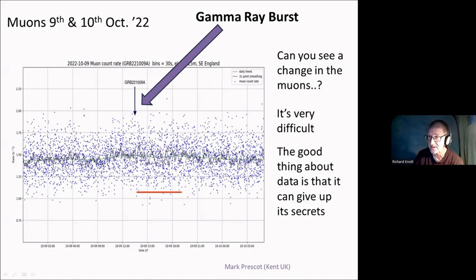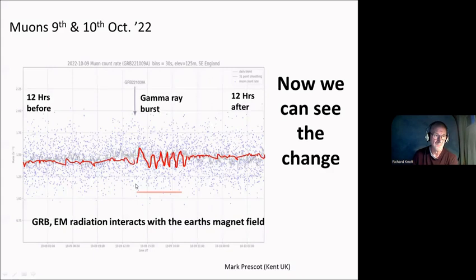On the right-hand side, we've got 12 hours after. The event is highlighted by the arrow. However, looking at average muon count rate, shown in red here, there does seem to be cause and effect, which isn't bad for a 200 quid detector. There is potential for being able to use it for other things.